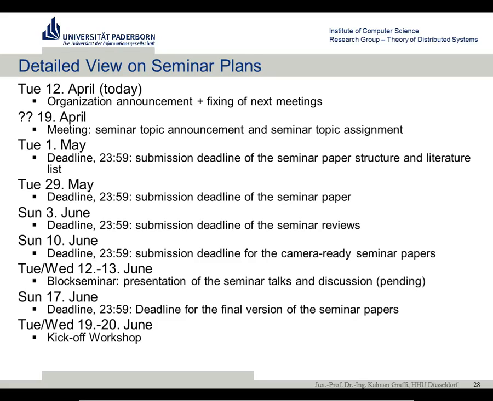It's not quite correct. So the seminar topic announcement: I will already now tell what kind of topics we have. I will put a document with the topics online, a longer text where you can read what the questions really are. Then you have time to choose and think about it. There will be a Doodle where you can choose which topics you would like to have.